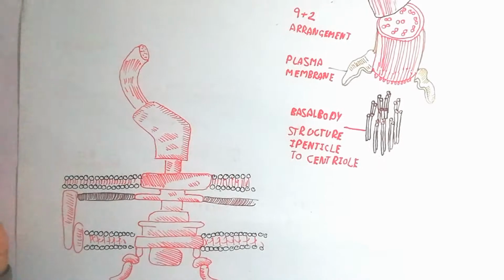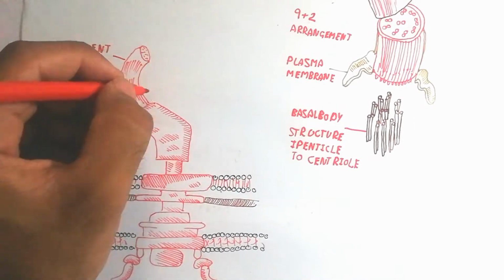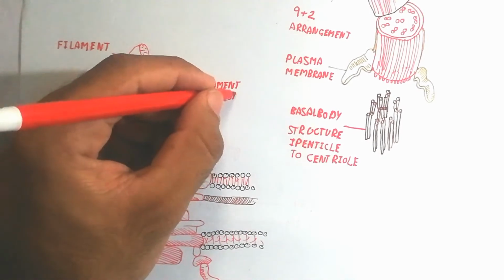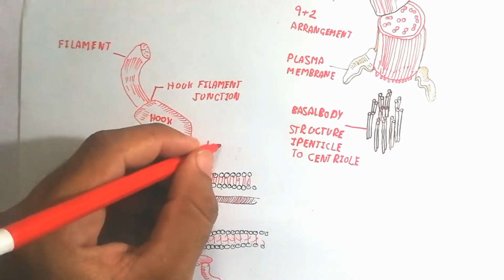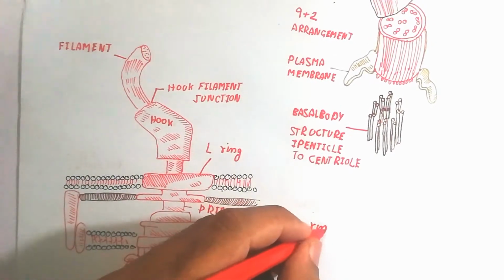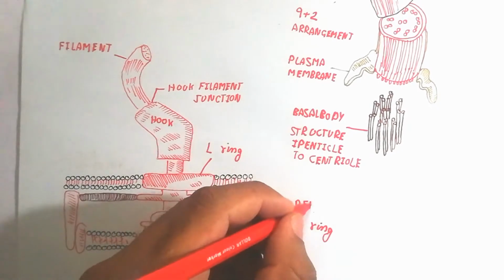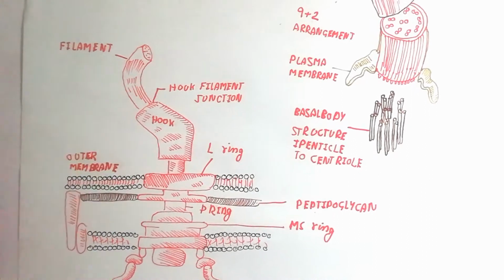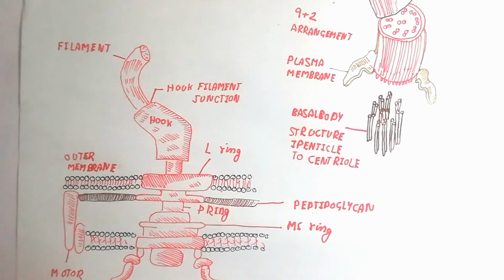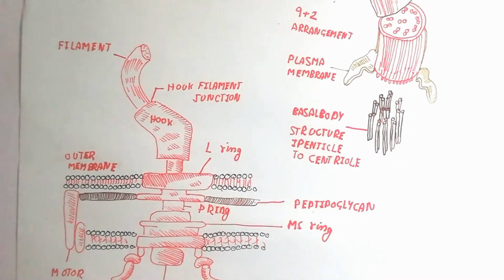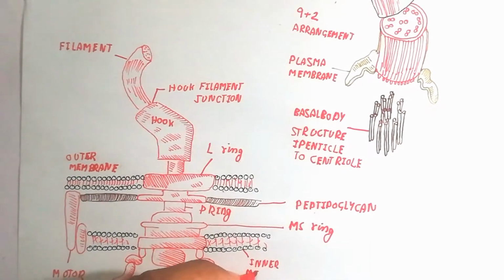The hook-filament junction and hook are present here, and the L ring is further embedded in the peptidoglycan layer, and the P ring is further divided into the MS ring. So the inner membrane is present here. And there is a type 3 secretion system present inside, and the motor complex is shown in the figure. That is the morphology of the flagellum attachment.